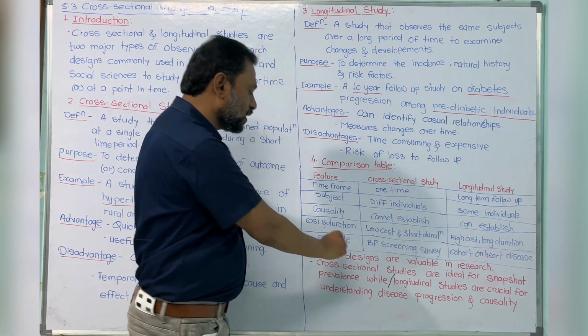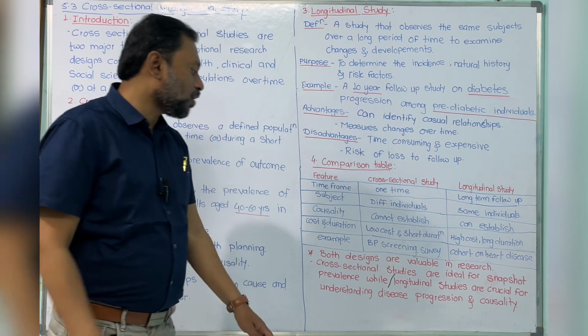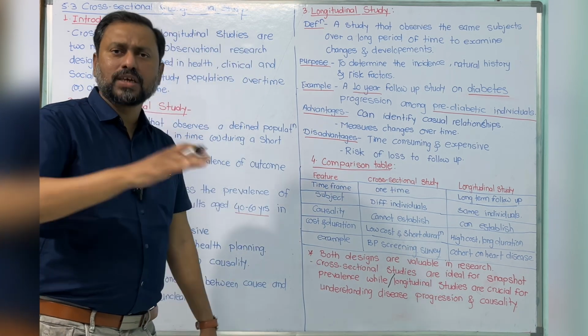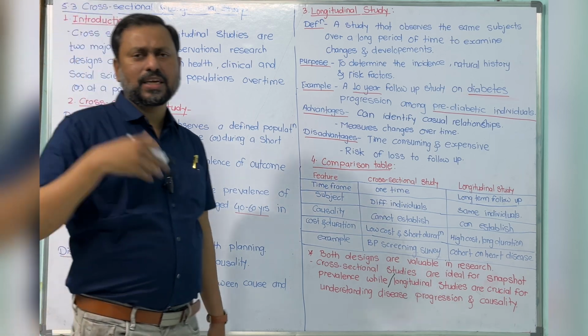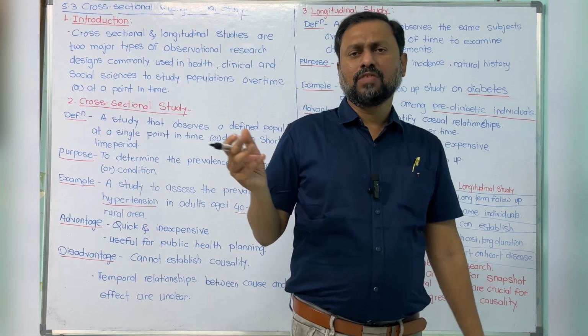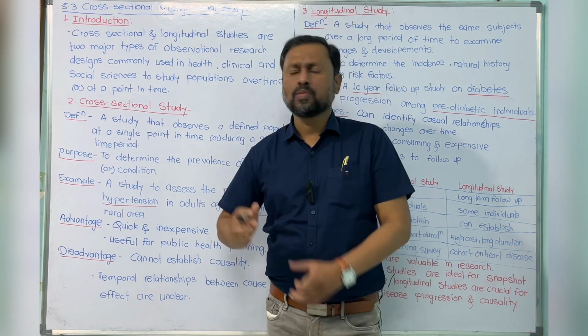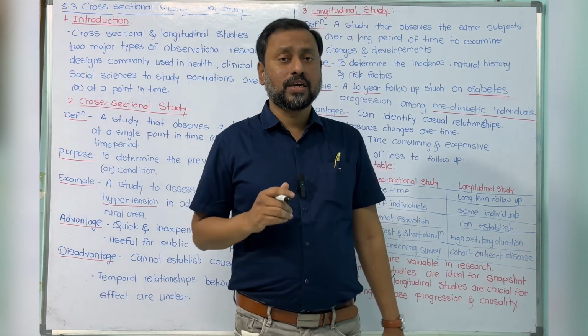Cross-sectional is good, but the longitudinal study is crucial for understanding how the disease progresses, and what is the cause and effect of the disease. For collecting this type of information, we do a longitudinal study. Okay, that was about the cross-sectional study and longitudinal study.